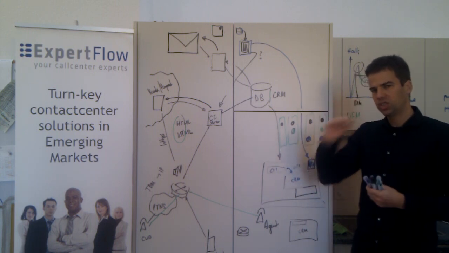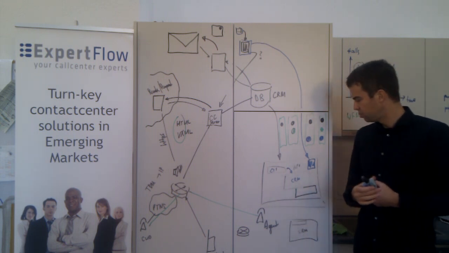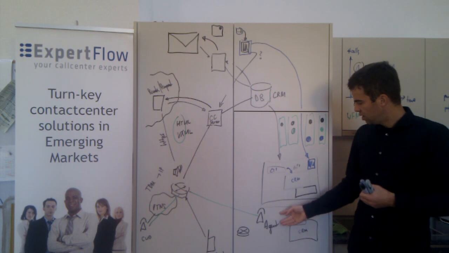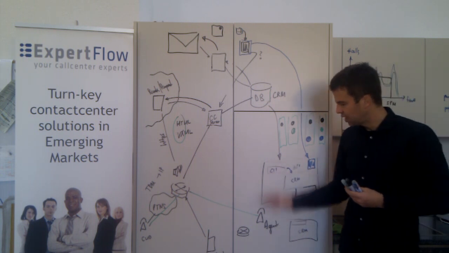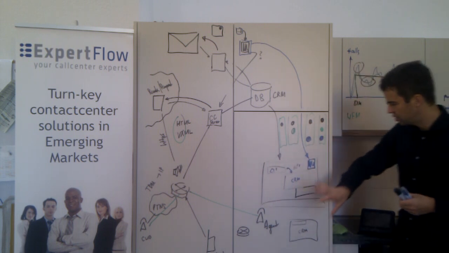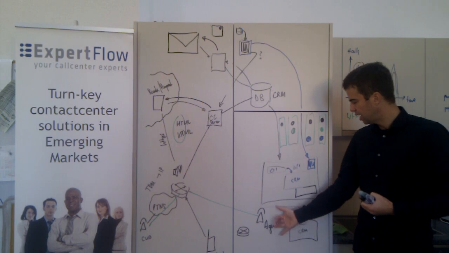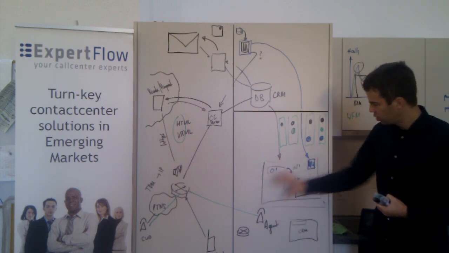Did he use his tools effectively? Did he hang up after the caller, and so on? So all these aspects can be scored. So the agent gets a score for the quality of how he handles the call. It can be combined with screen recording, so the supervisor can verify whether he's actually properly using the tools that are on his desktop.